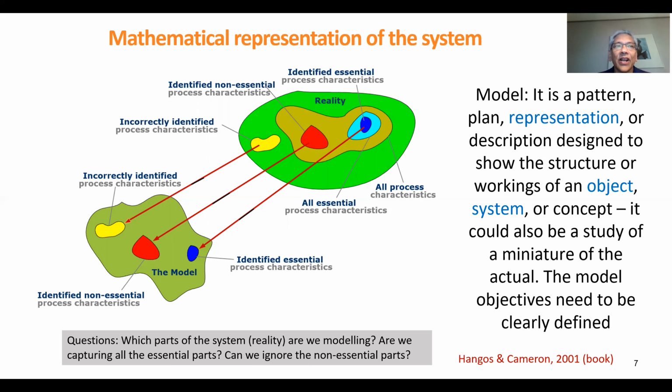These are all related to the understanding of the system and the definition of the objectives, so that we can capture what we need for the model. And the question also is, do we need everything of the system? We will see that we need different parts of it at different times.